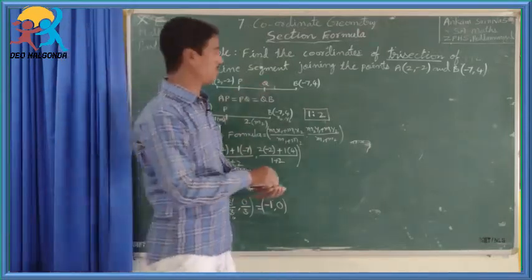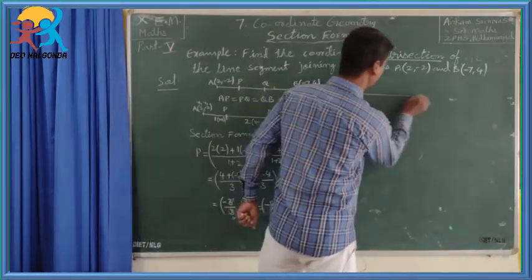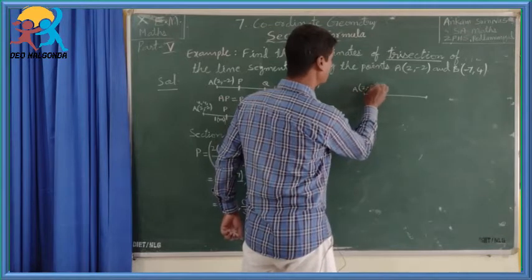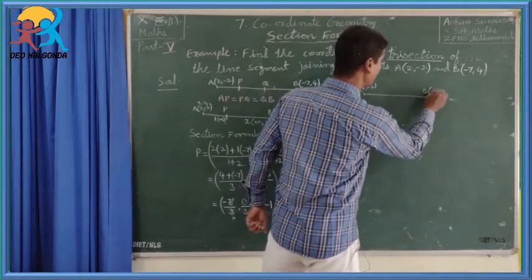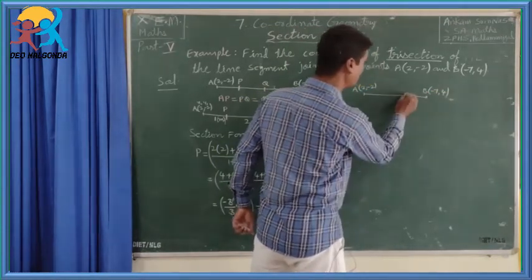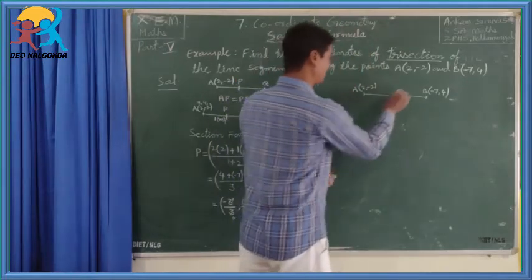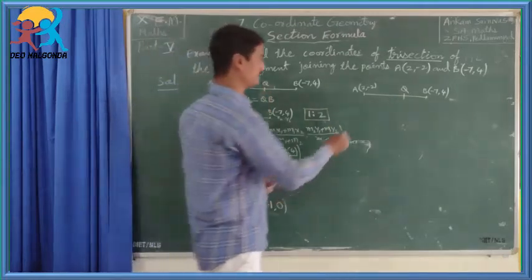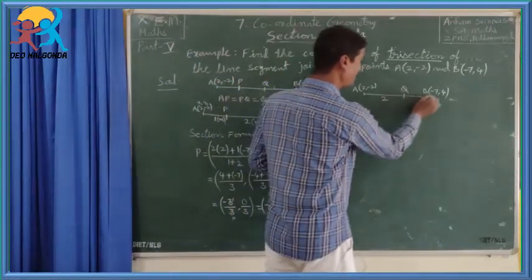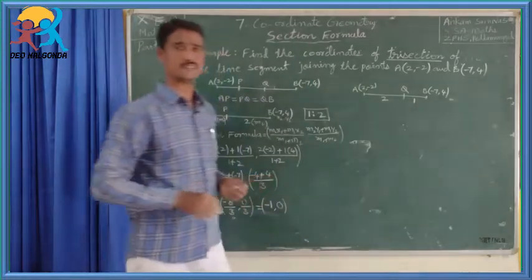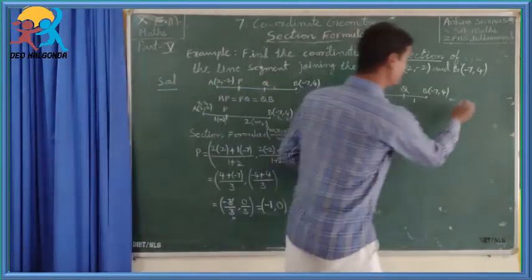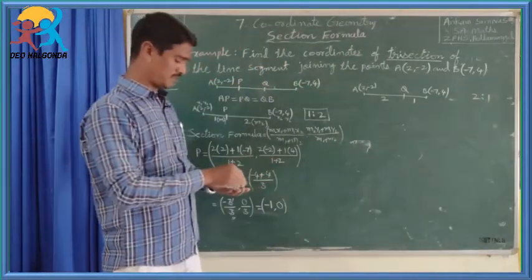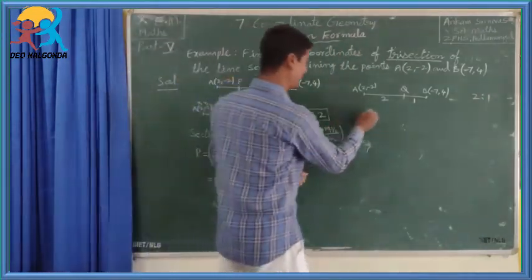Now to find the coordinates of Q, the position is the same: A(2, -2) and B(-7, 4). This is Q. From A to Q is 2 units, and Q to B is 1 unit. So what is the ratio? The ratio is 2:1. With the same formula, we get the Q value.